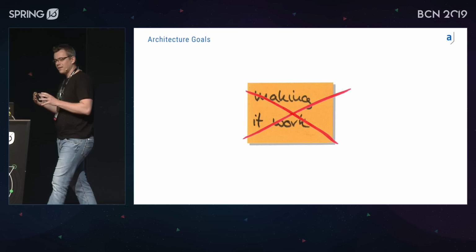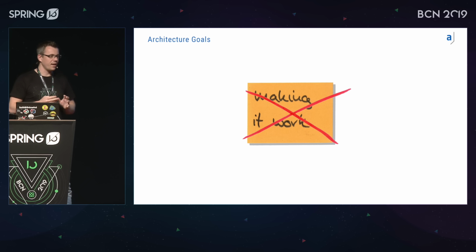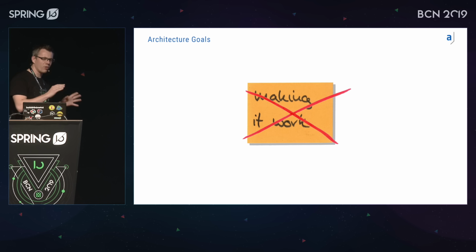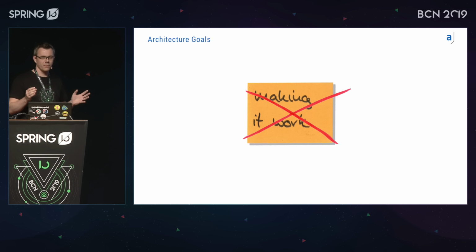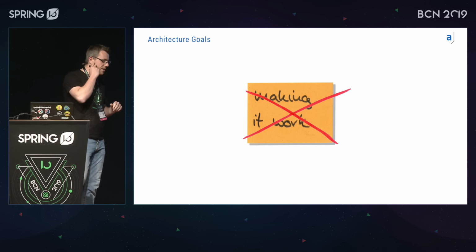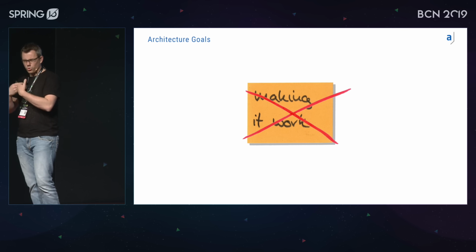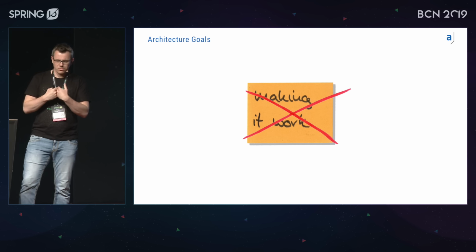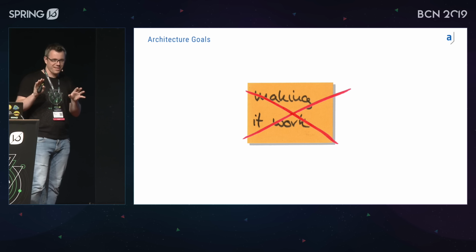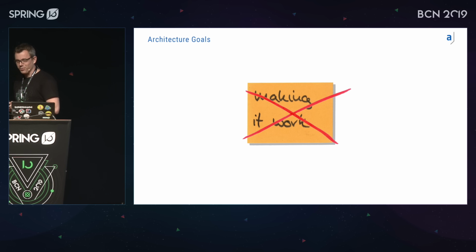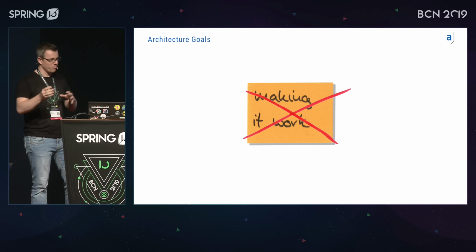But there is software out there that has an awful architecture, but it's still working. One good example is our own ERP system at Adesso. We bought it. We didn't build it ourselves, so we didn't do anything wrong except to buy it.